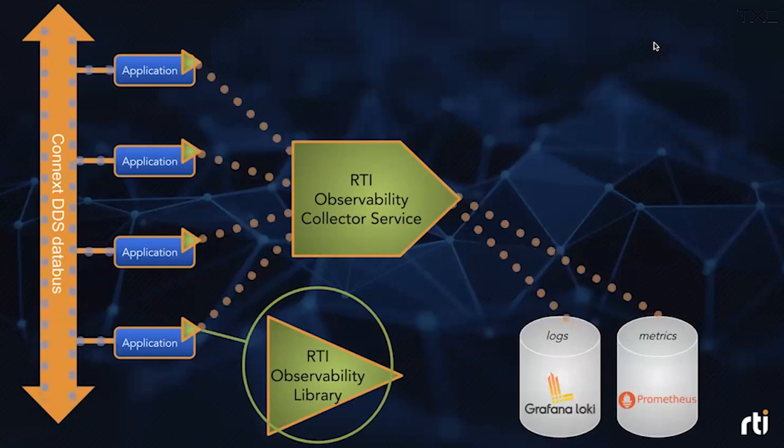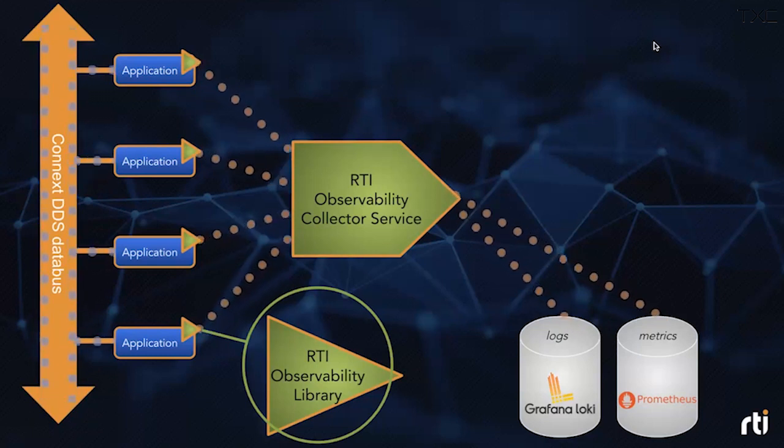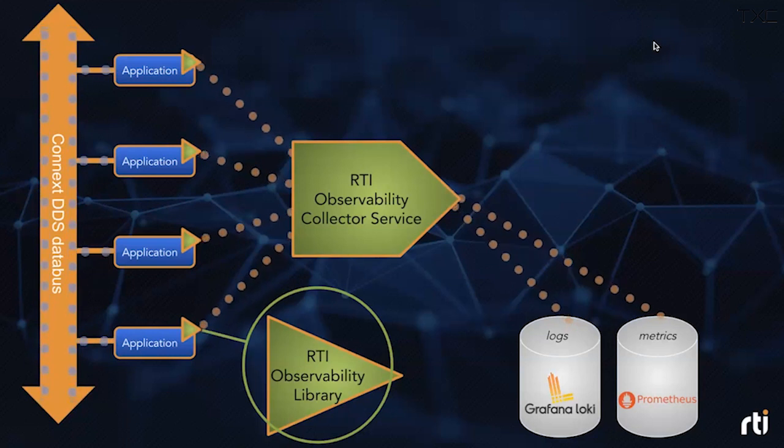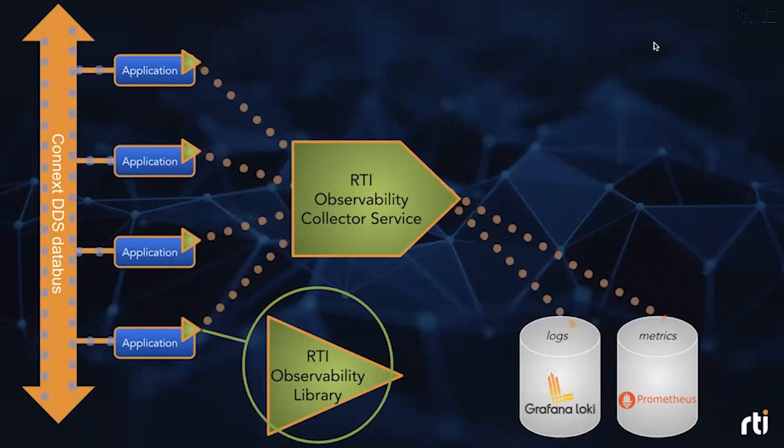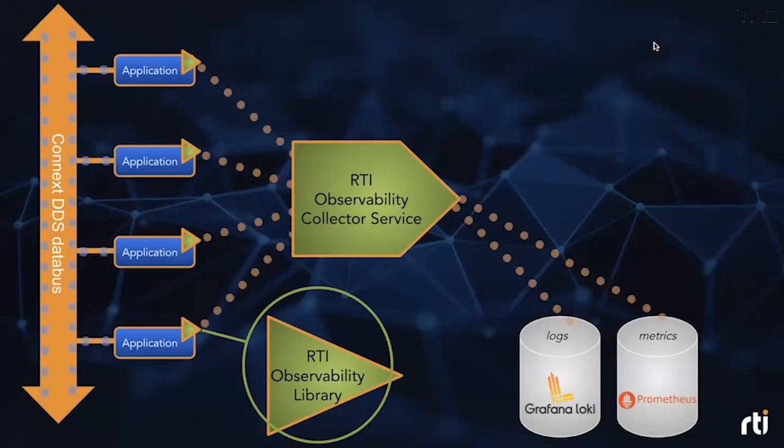One is storing that data in a database, using Grafana Loki to store log information, and using Prometheus, which is a common time series database, in our reference implementation, to store all the metrics. The metrics being things like how many messages are being sent and how many messages are being resent, for example. So the collector service essentially stores that information.